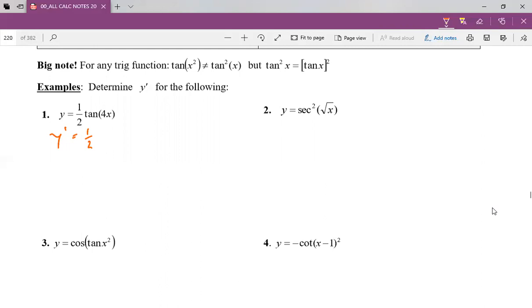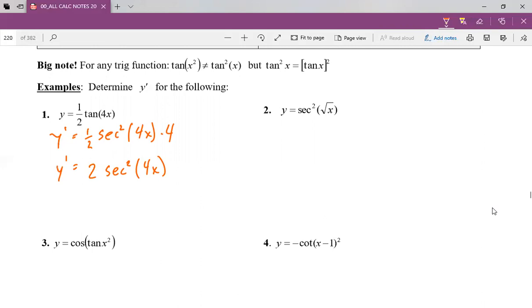We take the derivative of tangent and it ends up being secant squared. The inside stays the same, it's 4x. And now we take the derivative of the inner function, which is 4. This all simplifies to 2 secant squared 4x. There's our final answer.